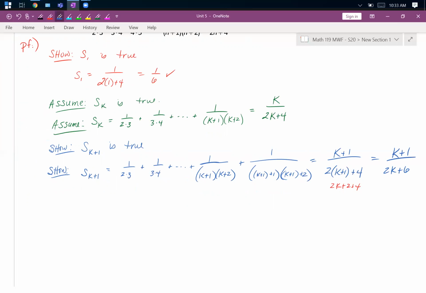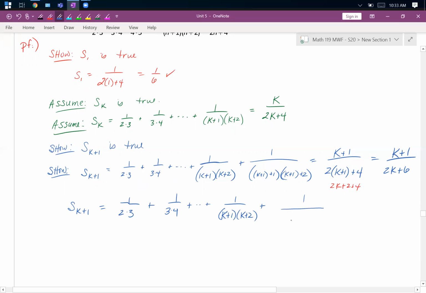So we're going to start with our S sub k plus 1. It's 1 over 2 times 3 plus 1 over 3 times 4 plus 1 over k plus 1 times k plus 2 plus, and I'm going to clean up this next term here, 1 over k plus 2 times k plus 3.